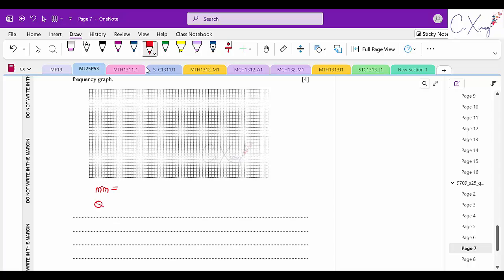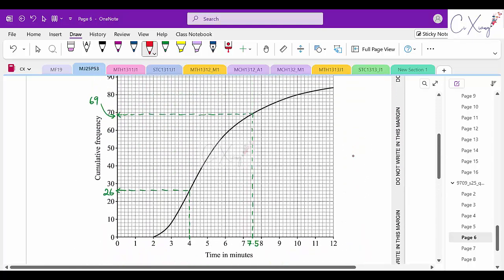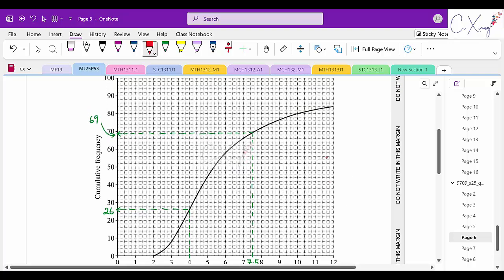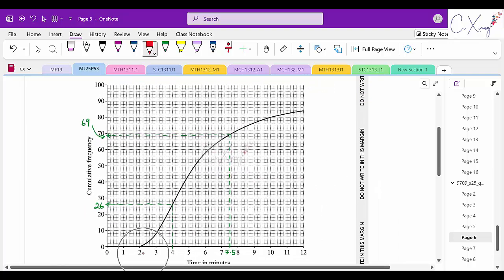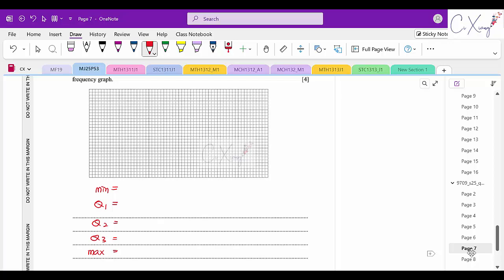Then we need Q1, Q2, Q3, and also the maximum value. All these values can be estimated from the cumulative frequency curve. What is the smallest value of the x-axis? This is the smallest value, which equals 2. Therefore my minimum value is 2.